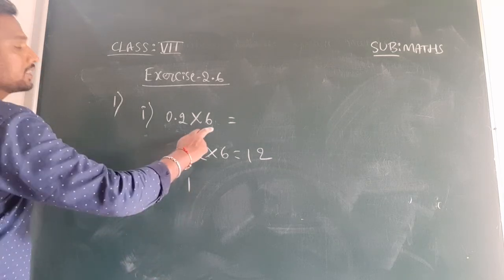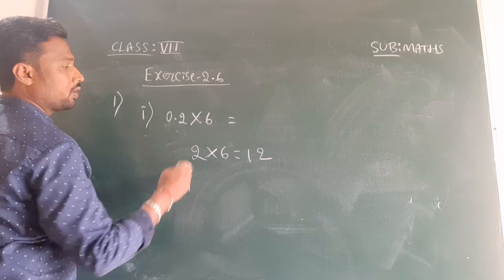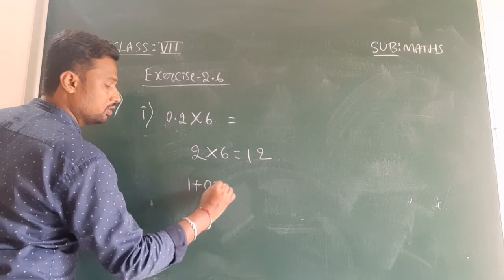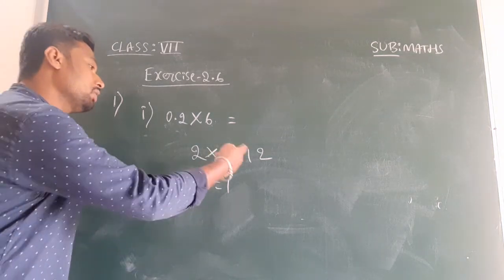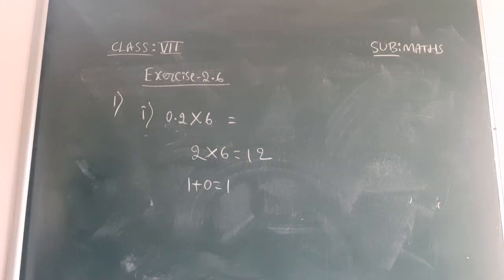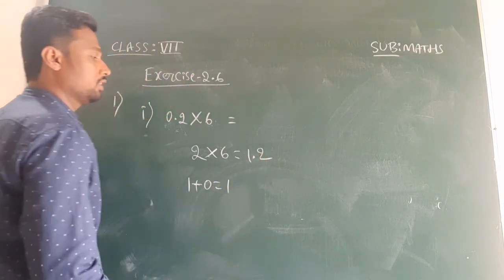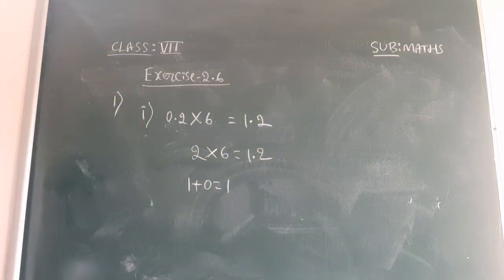And in 6, after the decimal point, we don't have any numbers, or we don't have any decimal point also, so I will consider 0. So 1 plus 0 means 1. So after the decimal point I should get only 1 digit. So the answer is 1.2.